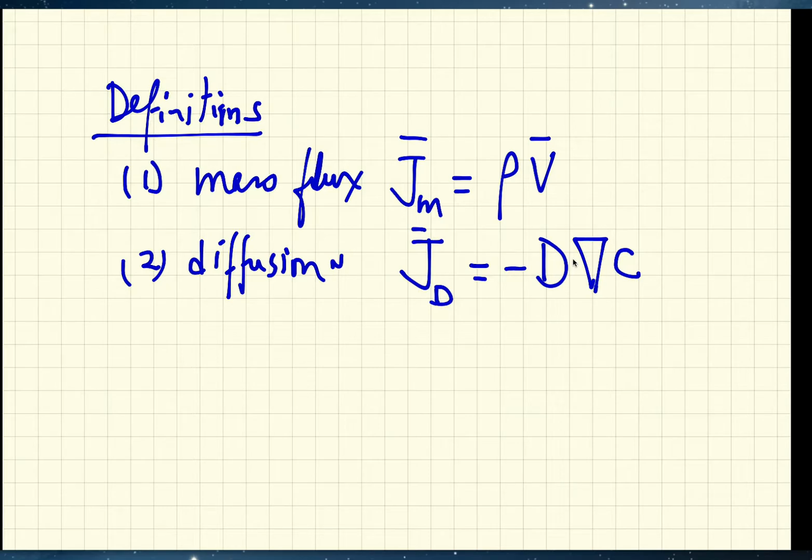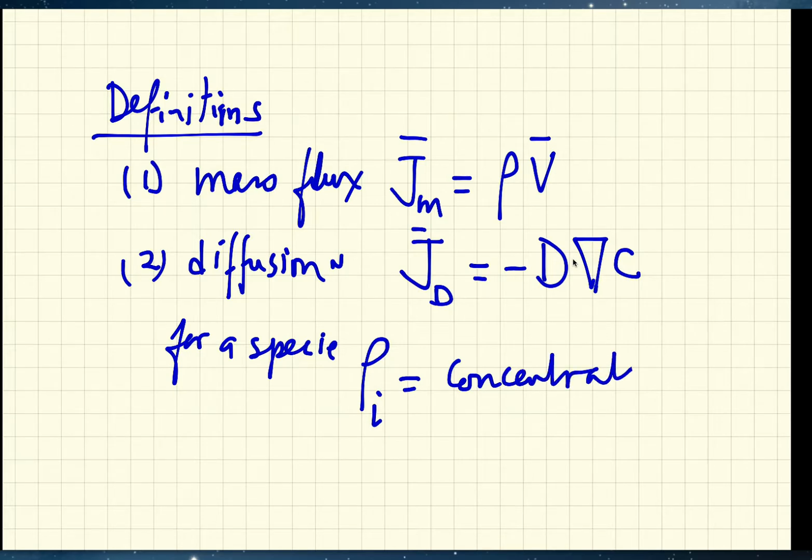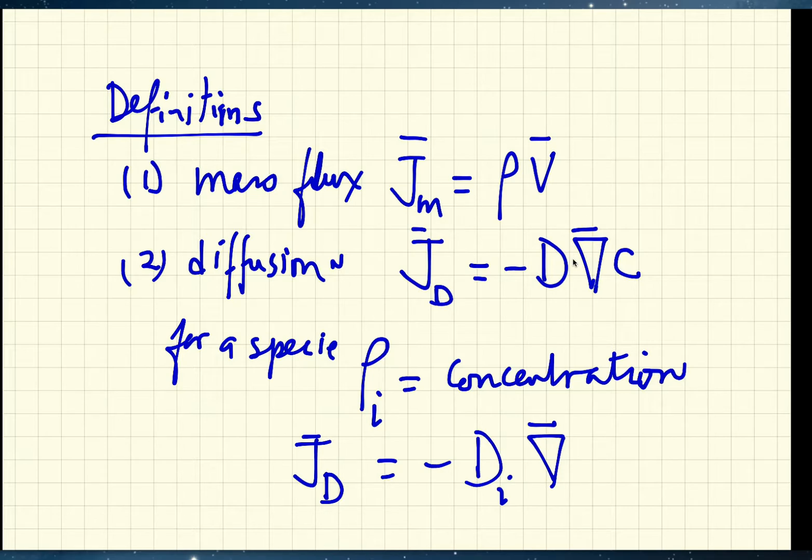For a species that has density per unit volume rho sub I, this will be essentially the concentration. So the diffusion flux of the species will be equal to minus D for species I times the gradient of rho sub I. I'm going to put a vector on top of the symbol nabla to indicate that it is a vector.